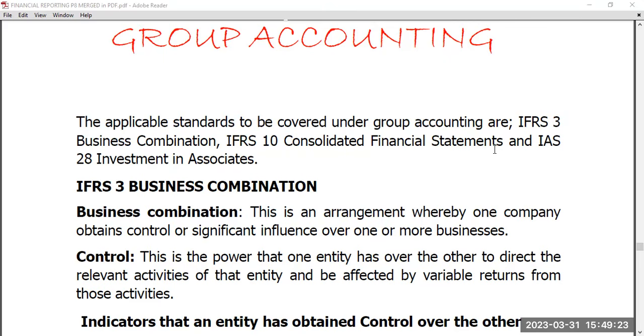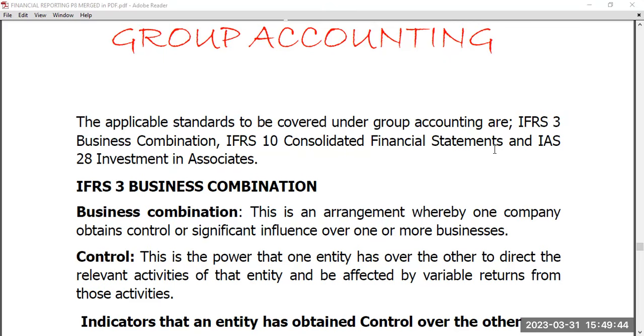We are going to look at the overview of group accounting. Then we look at the standards that are covered under group accounting. We try to look at IFRS 3, business combination.